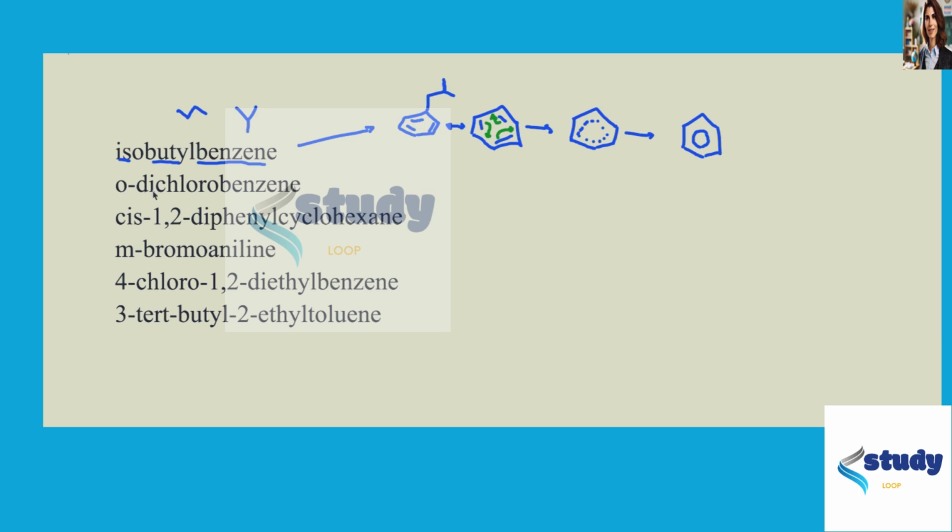What about o-dichlorobenzene? What does this o mean? In a benzene ring, we have a few positions. Let's say that we have a substituent coming from the top here. We'll just call it any substituent. Now the other carbons, these two carbons, and the carbon at the very opposite end, these 3 types of carbons are all different types of carbons.